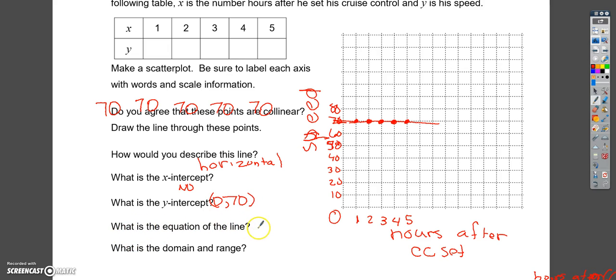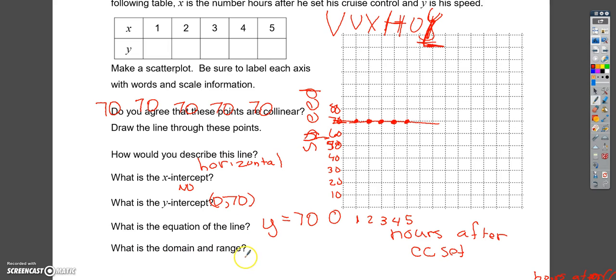What is the equation of the line? Well, if we remember, we have a horizontal line. Remember Buck's boy? Oops, that's a Y. Horizontal, y equals equation. So it's going to be y equals 70.